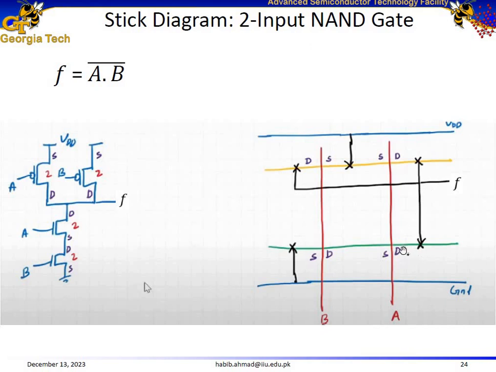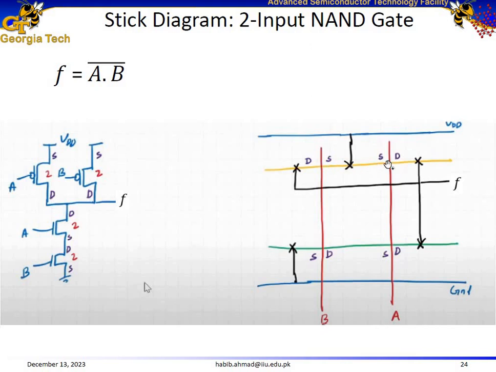Now similarly, we have to make connections on the stick diagram for the pull-up network as well. The drains of A and B are connected together and to the output. Also we see that the sources of A and B are connected together and to the supply voltage.